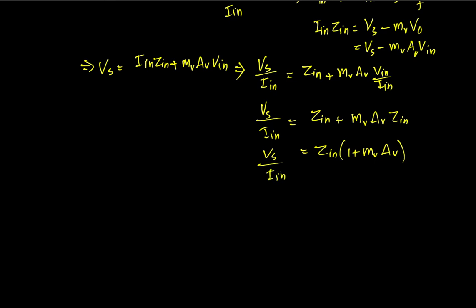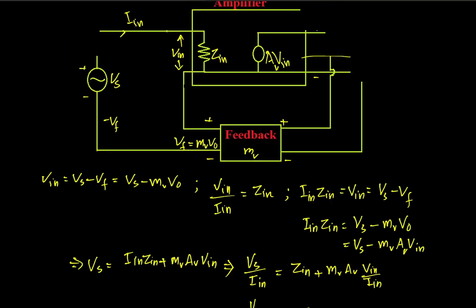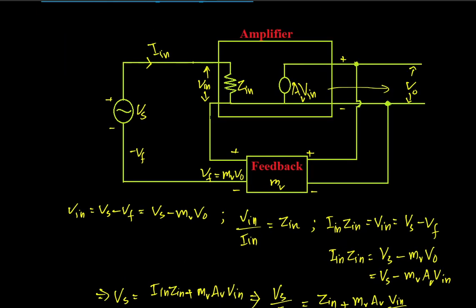So here, if we go back to the diagram, Vin by Iin is Zin, but Vs by Iin will be the resistance of this entire circuit.